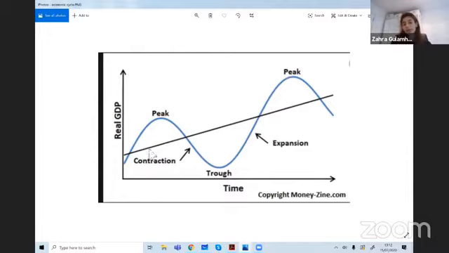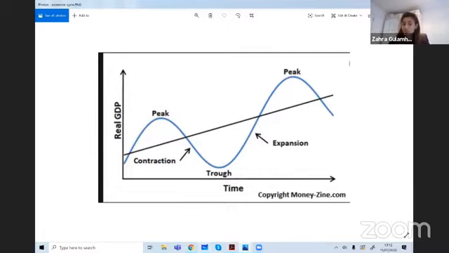So we were here initially, a period of economic growth, which is your peak, followed by a decline or a contraction. We've then got a recession here, which we're going to go into in a second. And then the economy follows a route of expansion and back to economic growth, back to decline, and so on.